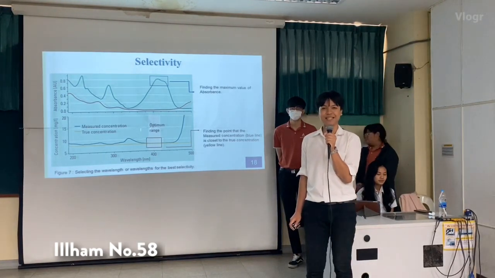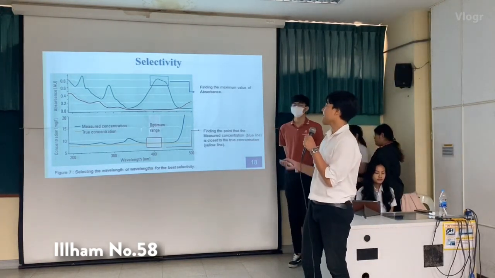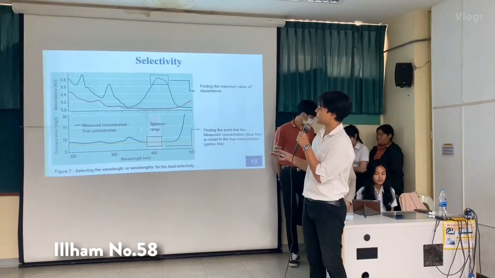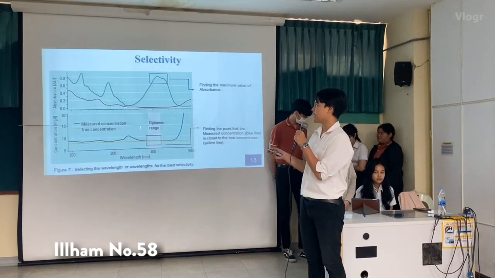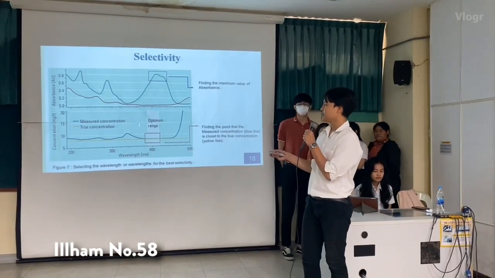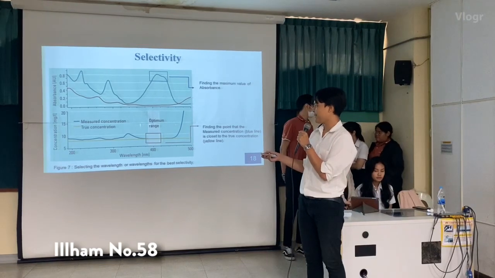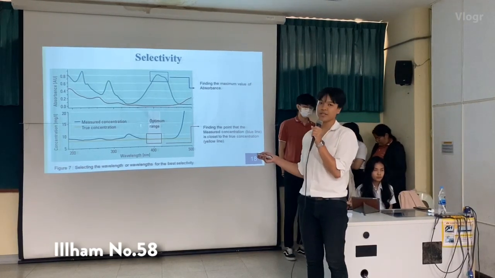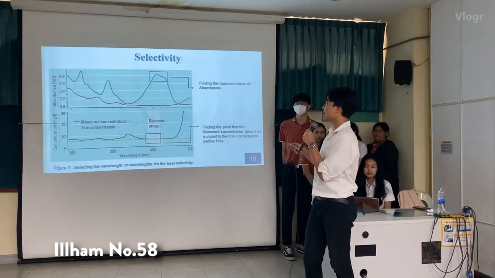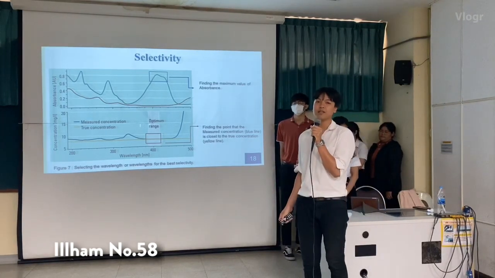So next, how to select the wavelength with the best selectivity. In this figure, on the upper graph, the y-axis is absorbance and the x-axis is wavelength, and on the lower graph, the y-axis is concentration and the x-axis is wavelength. And you can see the sample has been contaminated.